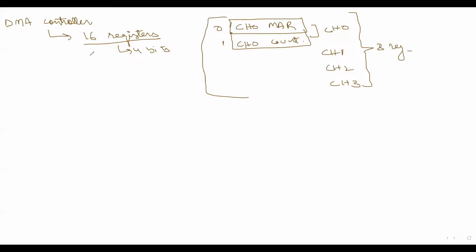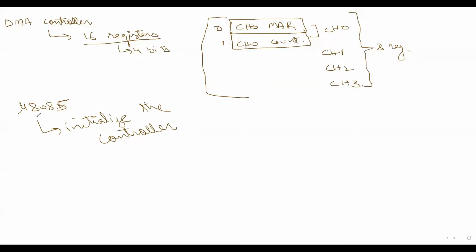In our DMA controller, these all are internal registers of the DMA controller. Now, whenever my microprocessor 8085 knows that the DMA controller has to do the operation, before using the DMA controller, it has to initialize the controller. Initialize the controller, what does that mean?